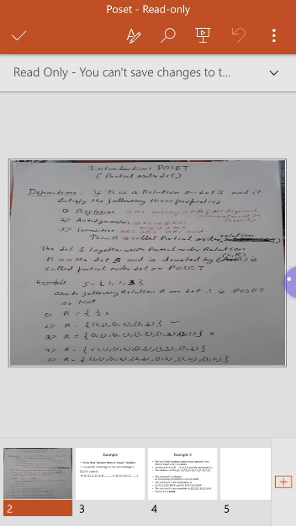Last, relation 4, we have (1,1), (2,2), (3,3), (1,3), (2,3). Yes, it is also reflexive, as all the diagonal elements exist. We will check for antisymmetric. For (1,3), we check if (3,1) is there. No, (3,1) is not there. Then we have (2,3); is (3,2) there? No, it is not there. Yes, it is antisymmetric.